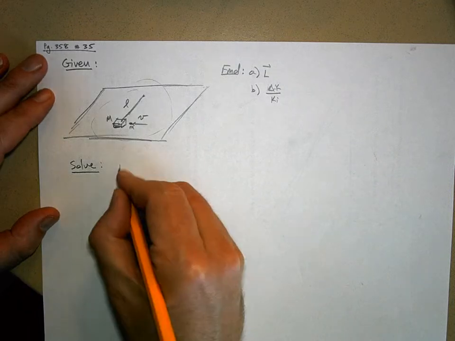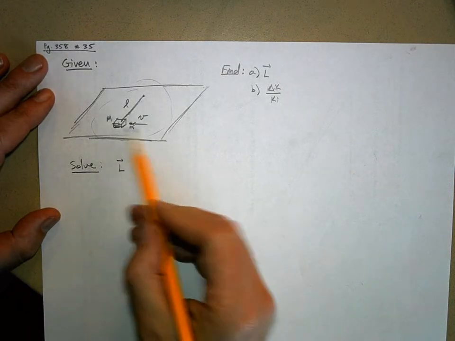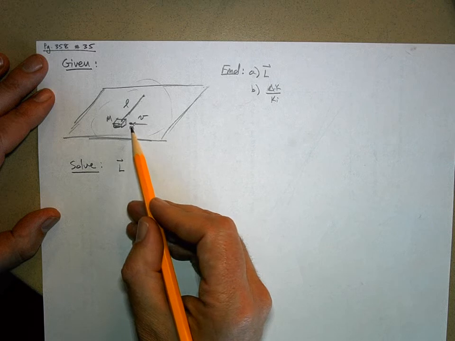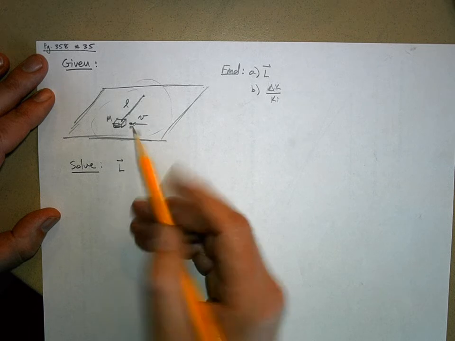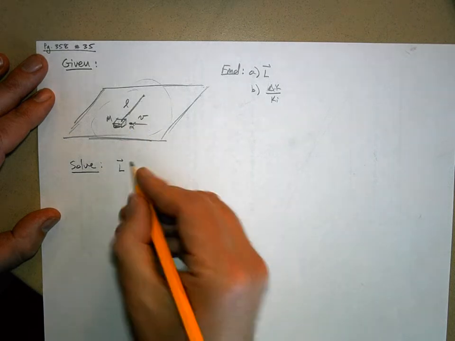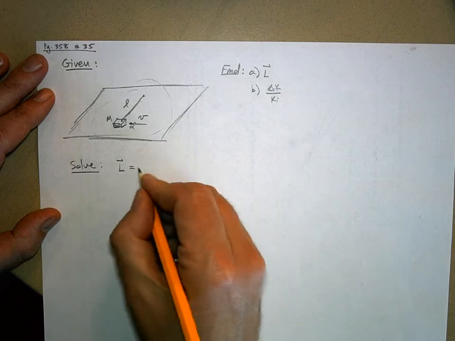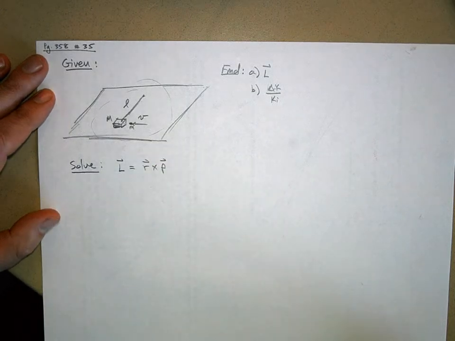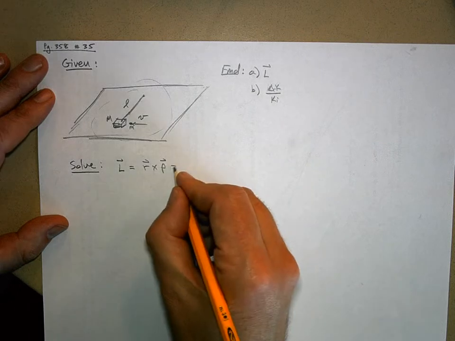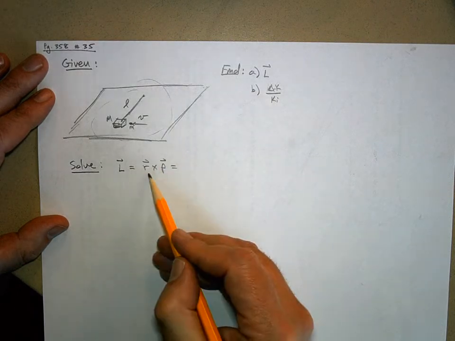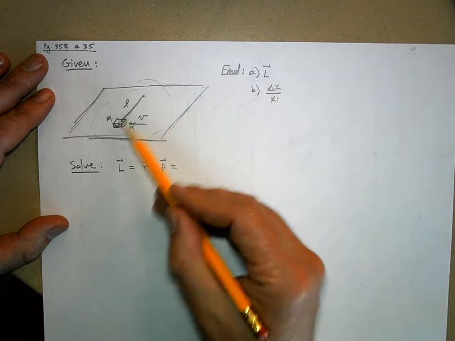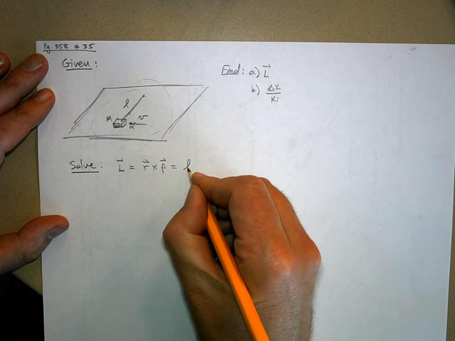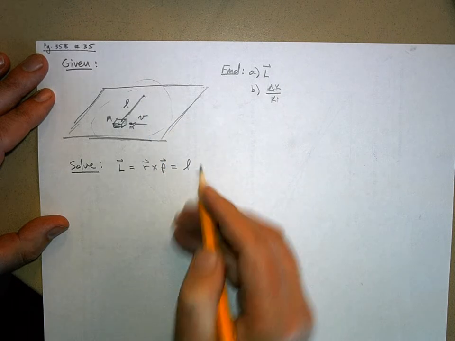So L, I could just look at this before it's hit, just before the collision. L equals R cross P. Now in this case, what's R? R is L. What is P?